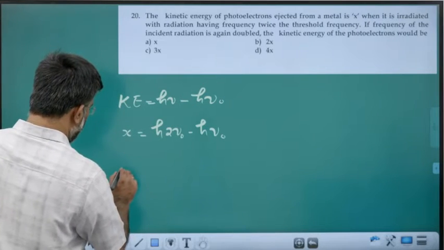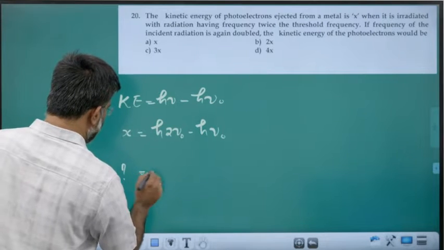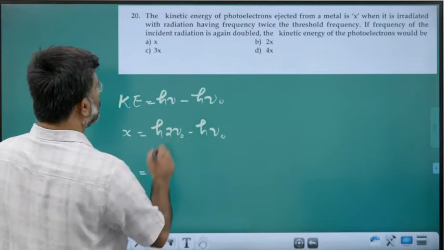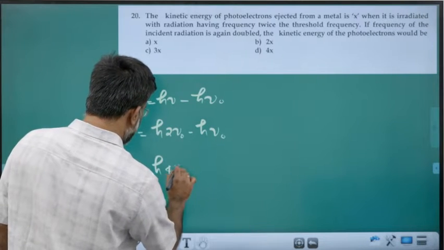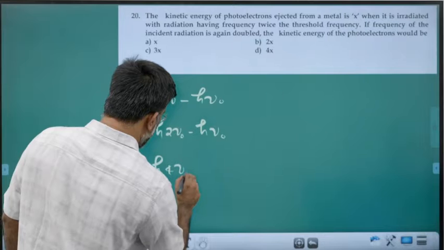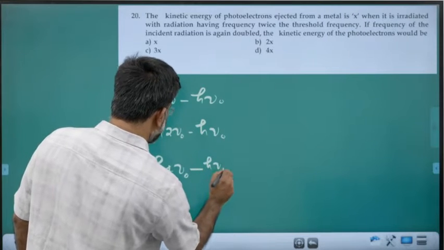Now what is the kinetic energy when the radiation frequency is again doubled? It becomes h into 4 nu 0 minus h nu 0.